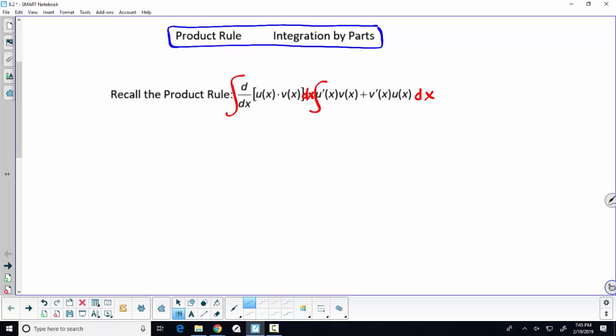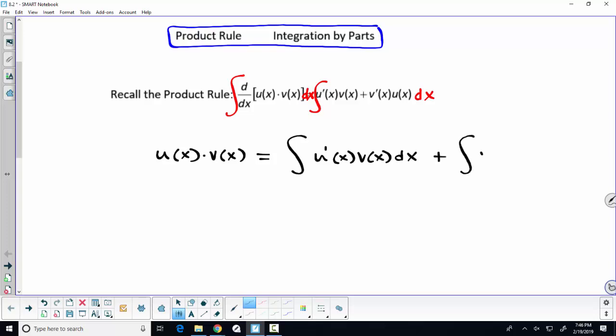So what we end up with here is just u of x times v of x equals the antiderivative of u prime v with respect to x plus the antiderivative of v prime u with respect to x.